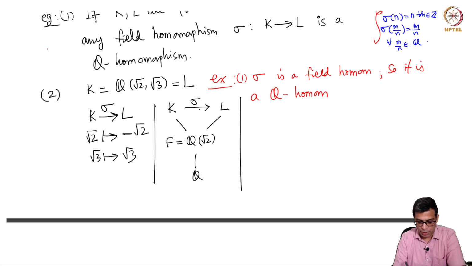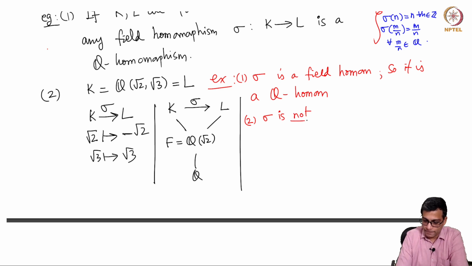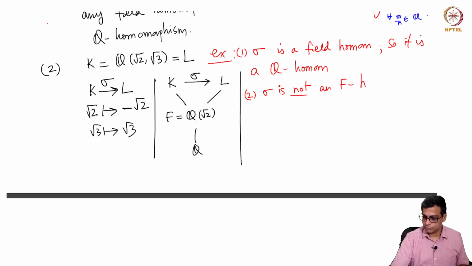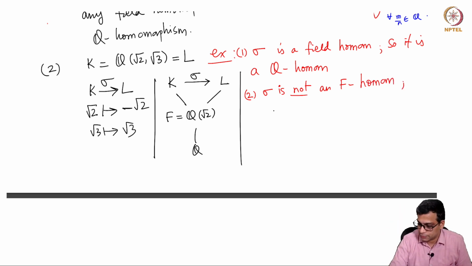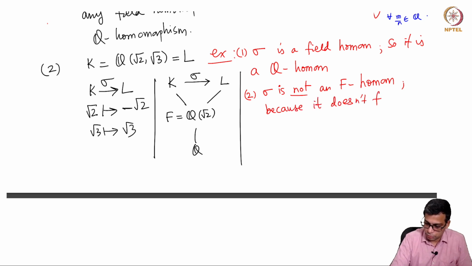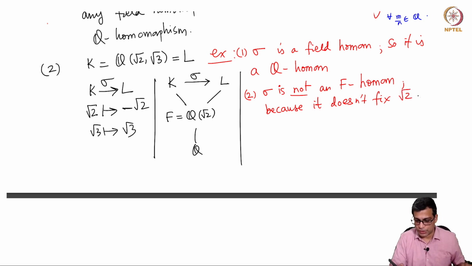So this sigma is a Q homomorphism, but sigma is not an F homomorphism. This is clear because it doesn't fix root 2.